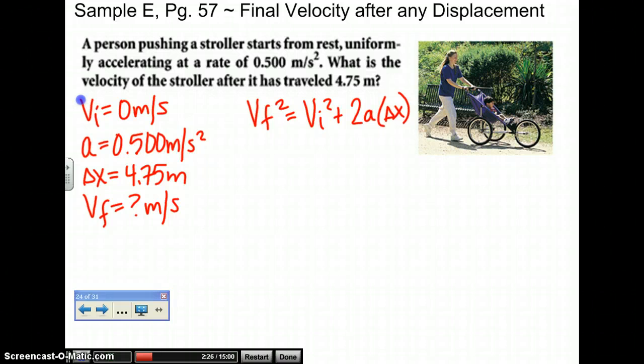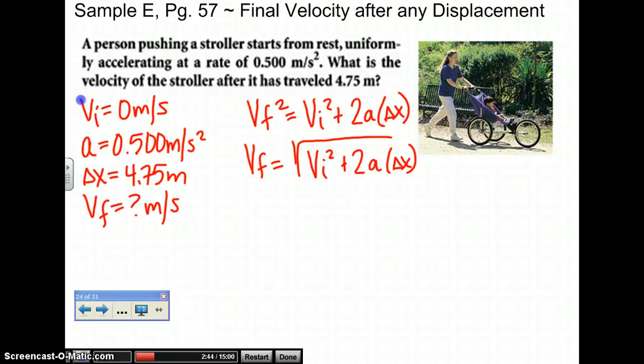You want just final velocity. So what do you think we need to do to both sides of the equation so we can just get VF, guys? We'd like to take the square root of both sides. So if you do that, that leaves you with VF equals the square root of VI squared plus 2A delta x.